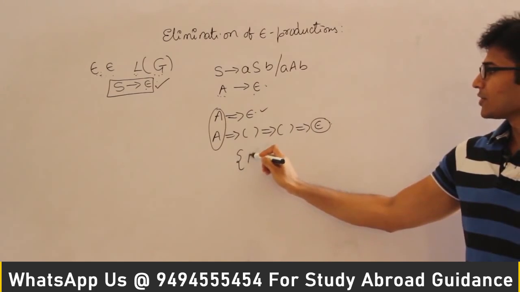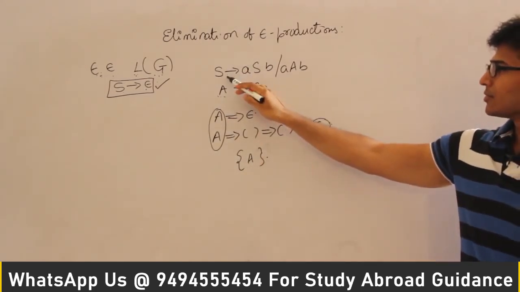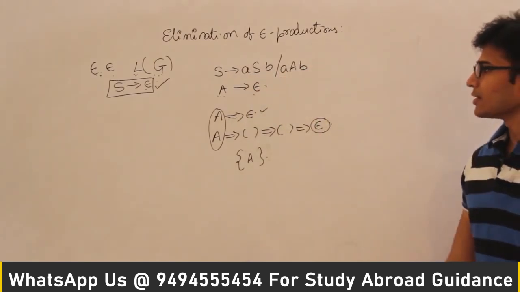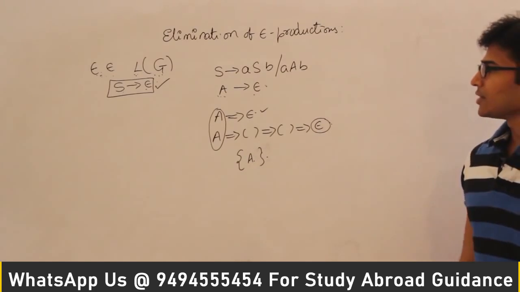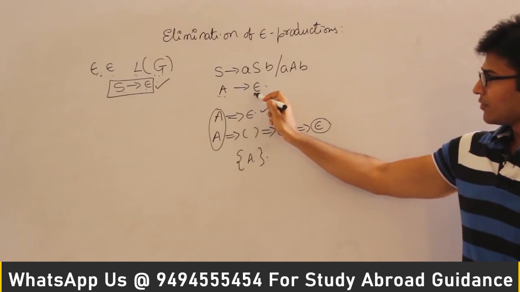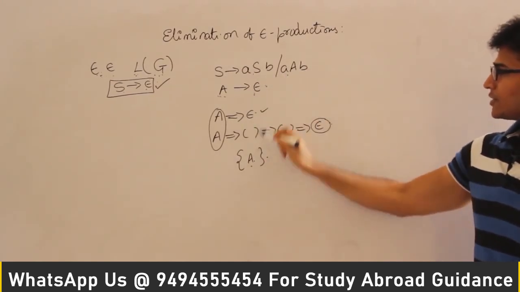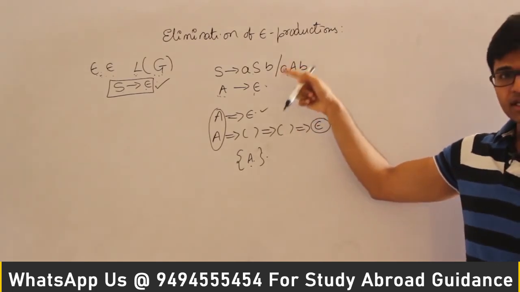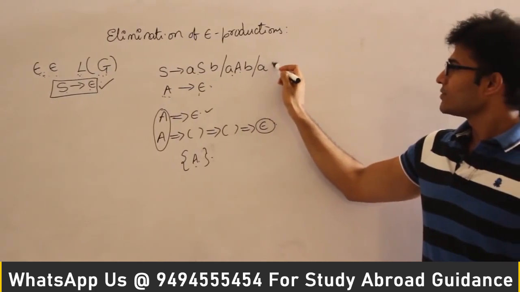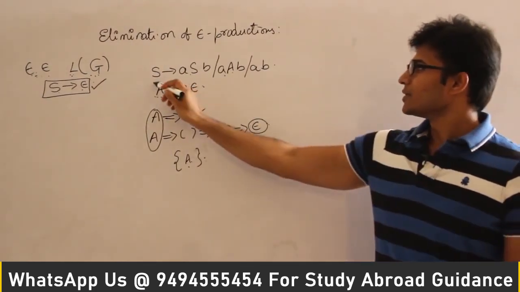So the nullable variable is A. Is S nullable? S is not nullable, because even if you substitute epsilon here, you are not going to get null. So the only nullable variable is A. Then after finding the nullable variables, go to the right hand side of every production, and wherever that variable is present, write that production with it and without it, which means write this production with A as well as without A. Okay, and now you could eliminate this.